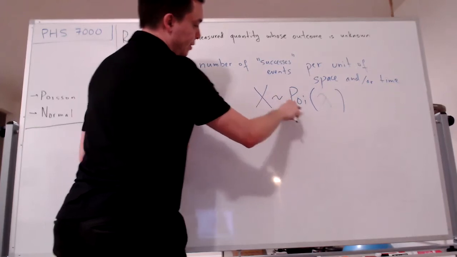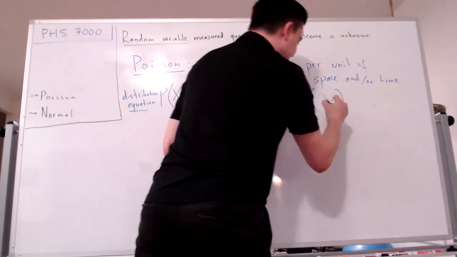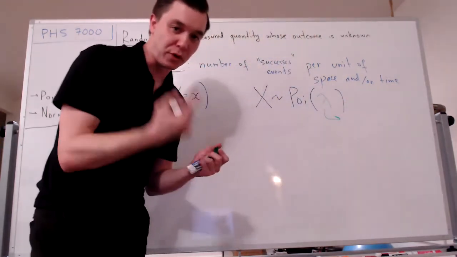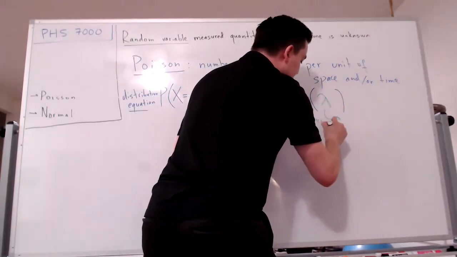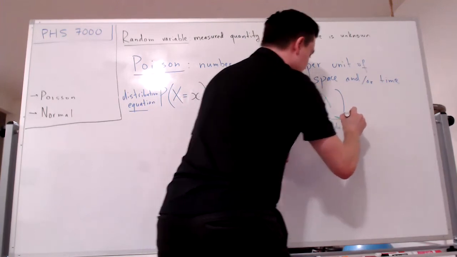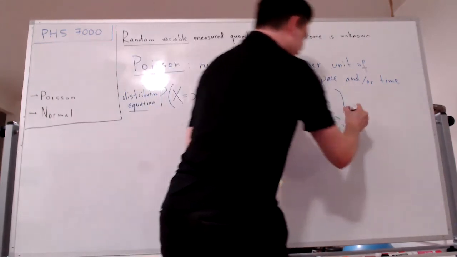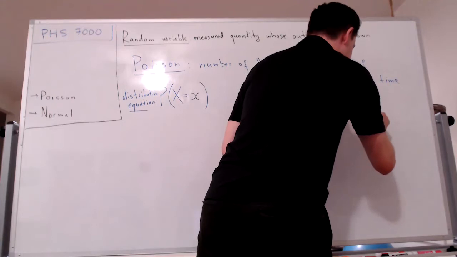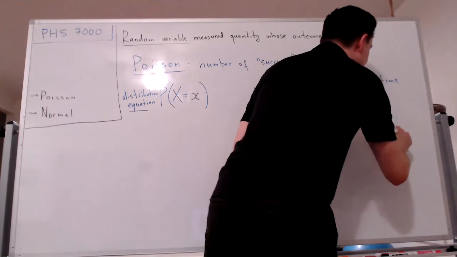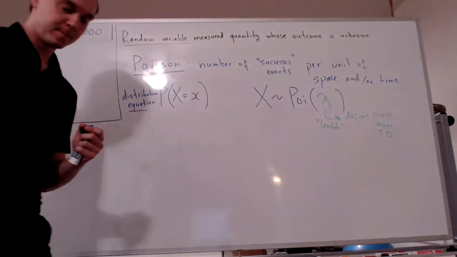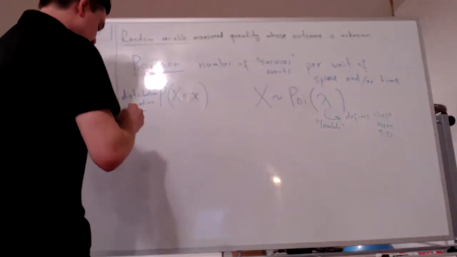This is a different named distribution. It's not binomial anymore. It is Poisson. And this is the only parameter. The Poisson depends on just one parameter. It's usually lambda, and this defines the shape, the mean, and the standard deviation. All three things. So the distribution equation looks like this.